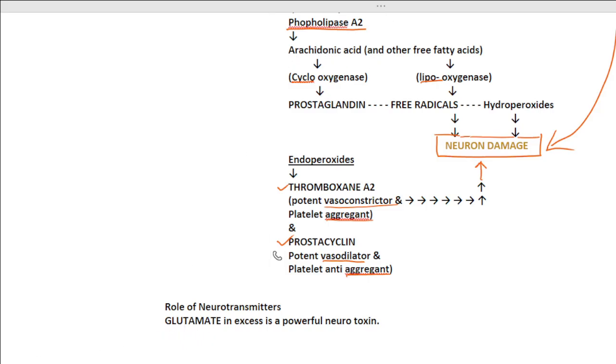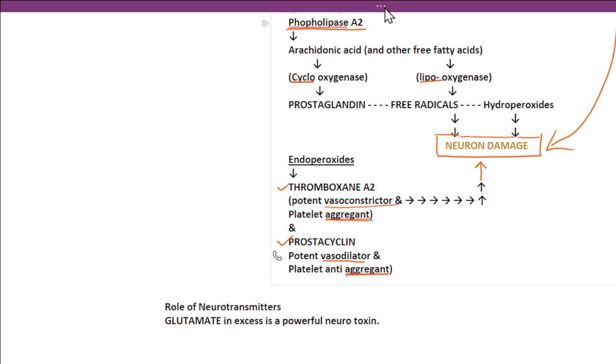One is glutamate, and another is glutamine. So in our flow chart, we'll use both in different ways.